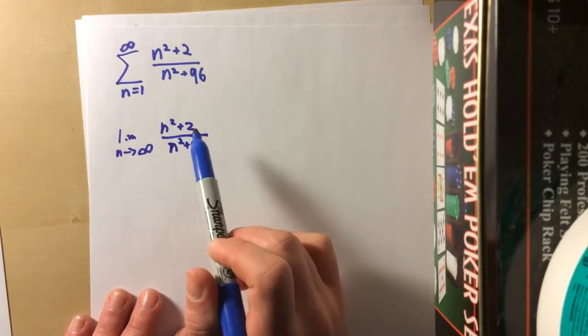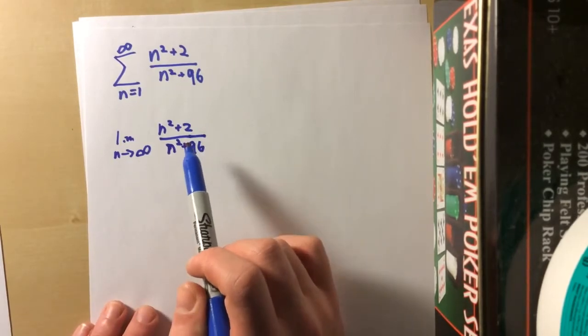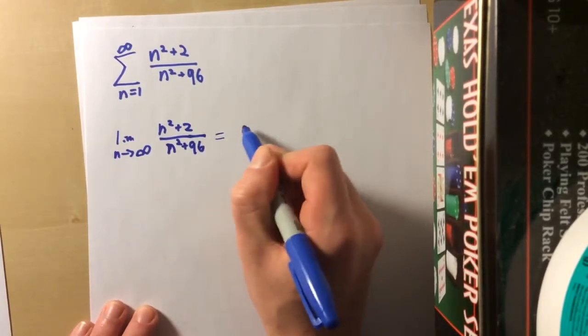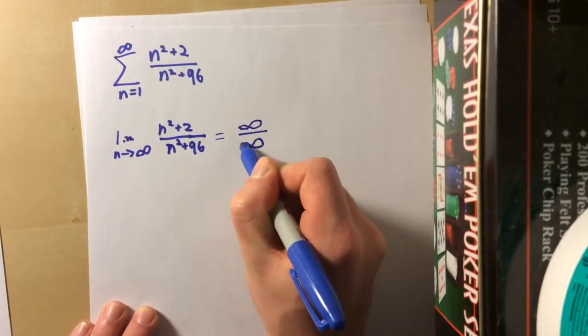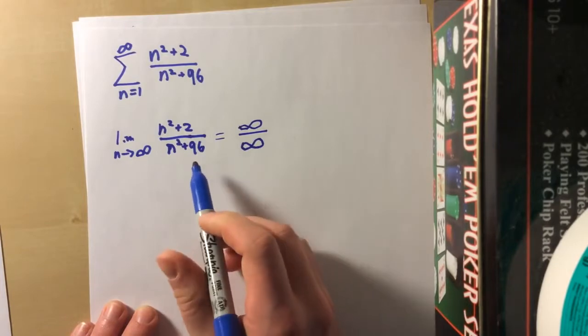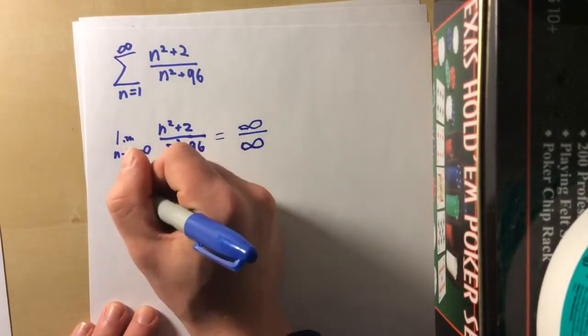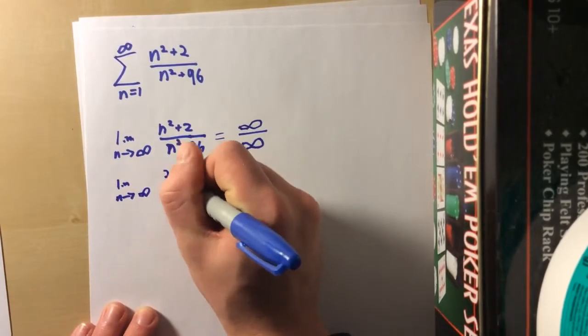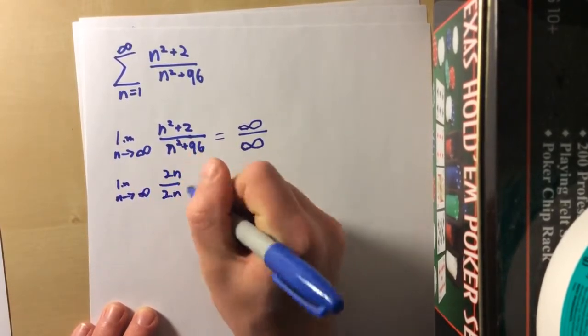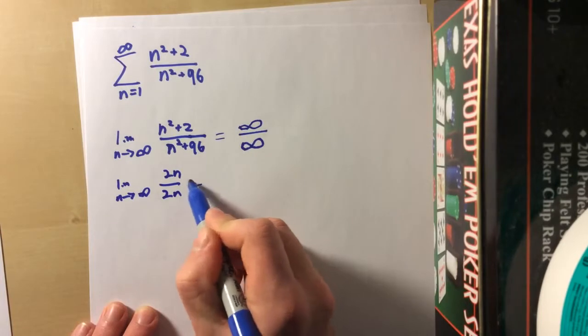And if you guys remember, you'd need to use L'Hopital's. And what that says is we've got to take the derivative of the top and the derivative of the bottom, and then we get the limit as n approaches infinity of 2n over 2n. Once again, we get infinity over infinity.